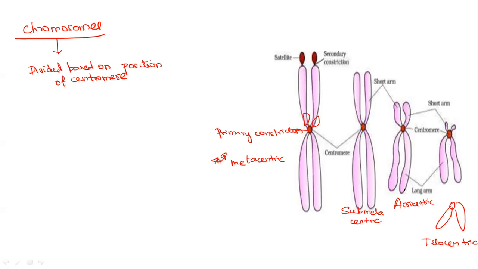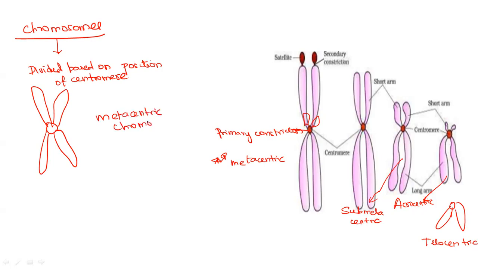Now coming to submetacentric, and this is acrocentric. Let me explain. Here you can see the centromere is exactly in the center, so it is called a metacentric chromosome. It has a middle centromere, therefore the arms are equal.